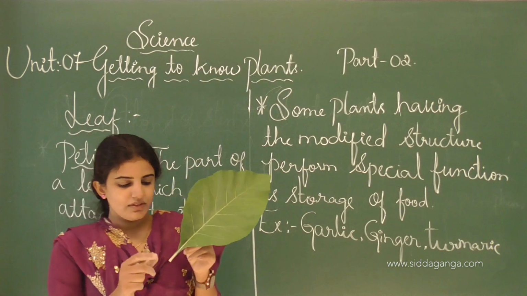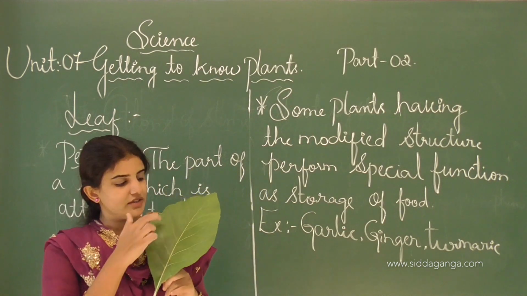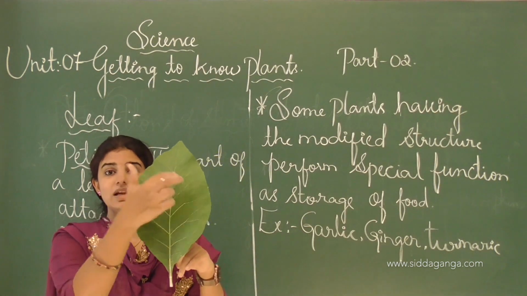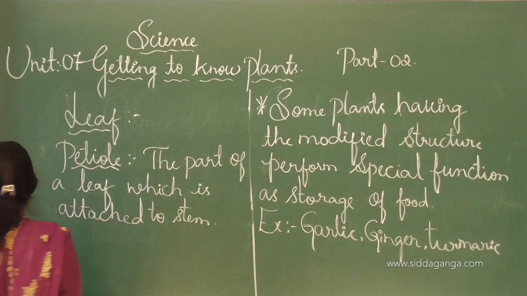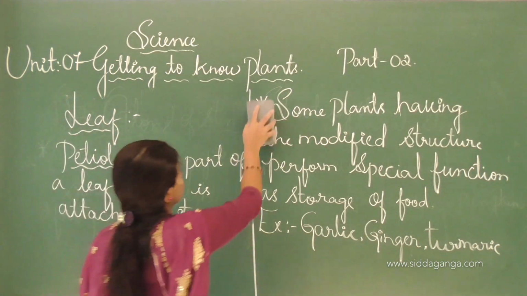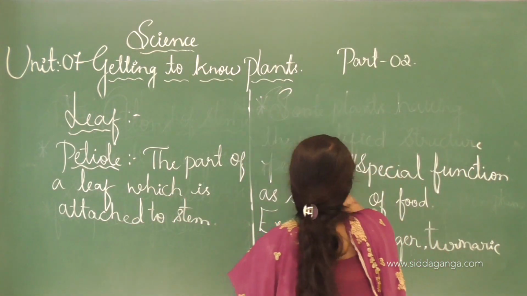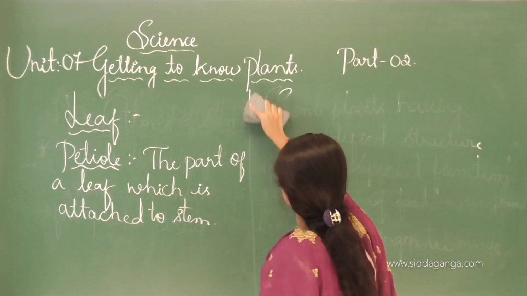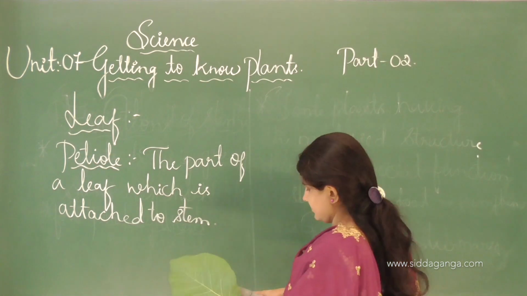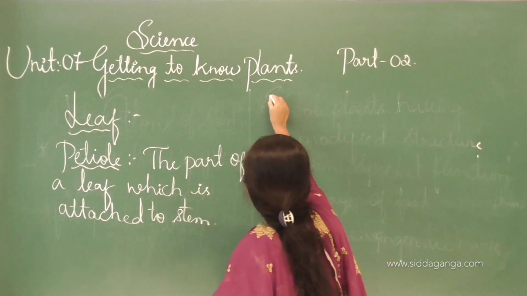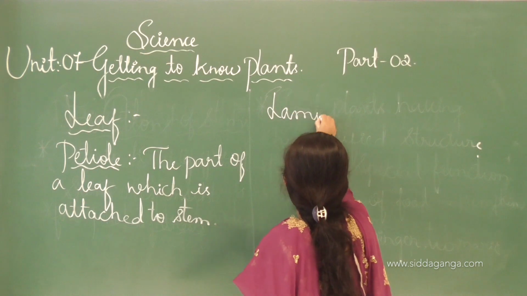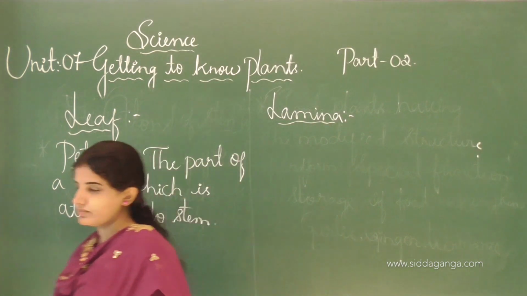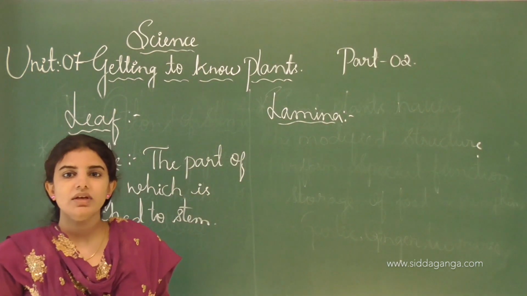See here, this is the stalk of the leaf and the broad green color part you have seen, that we call the lamina.